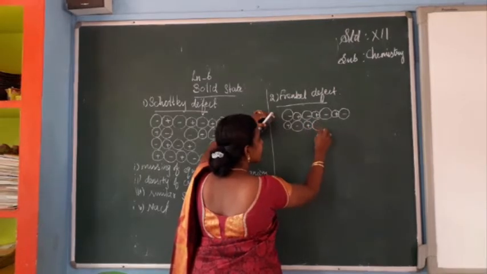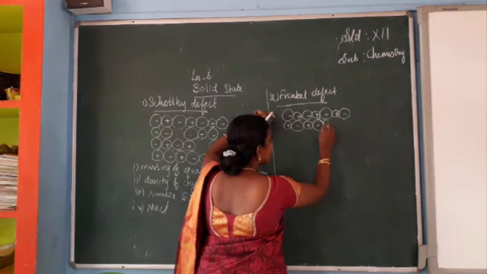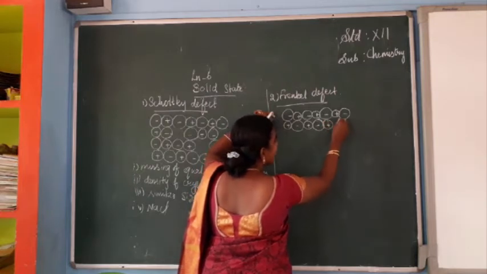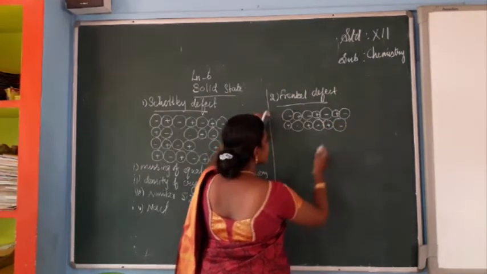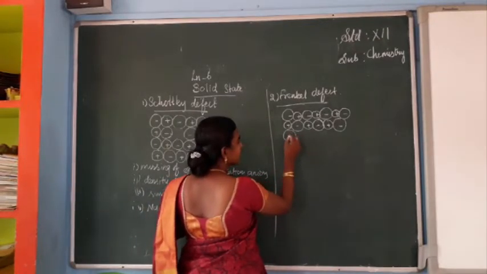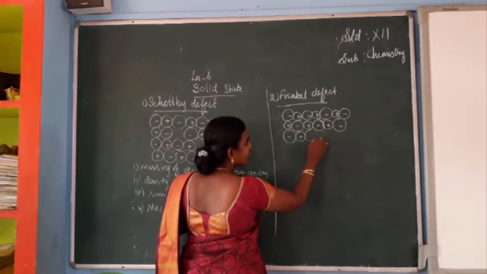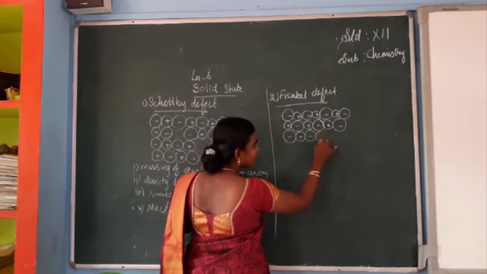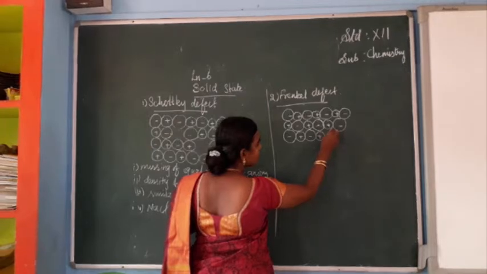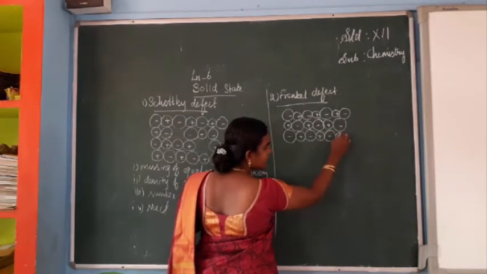Positive, here one negative, and here one positive, and here is going to be a negative. So next, negative ion, positive ion, negative ion, positive ion, negative ion, positive.